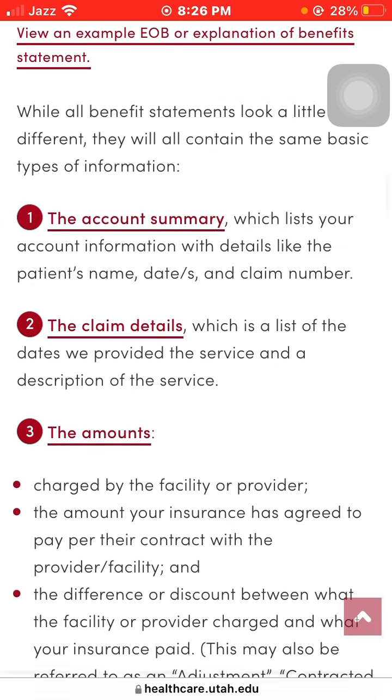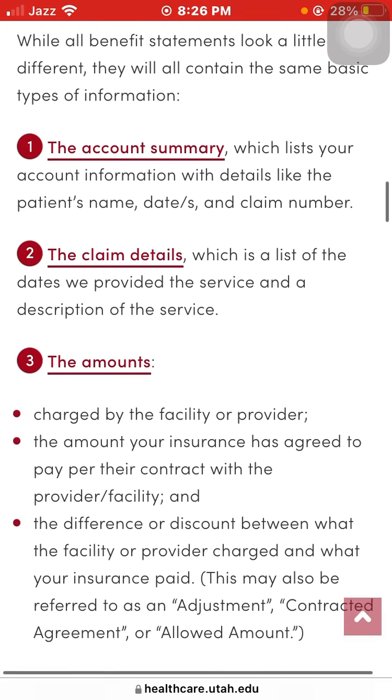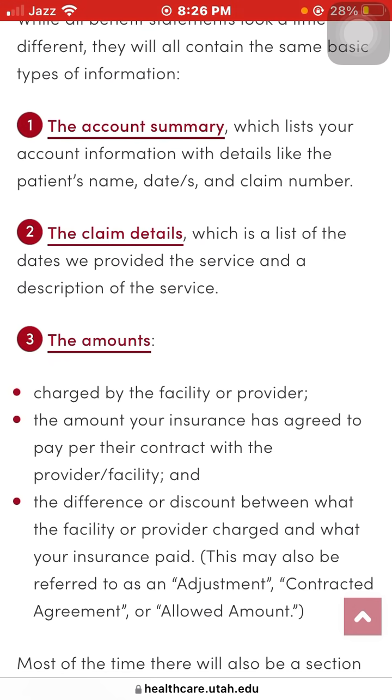While all benefit statements look a little different, they will all contain the same basic types of information. Number 1, the account summary, which lists your account information with details like the patient's name, date and claim number.